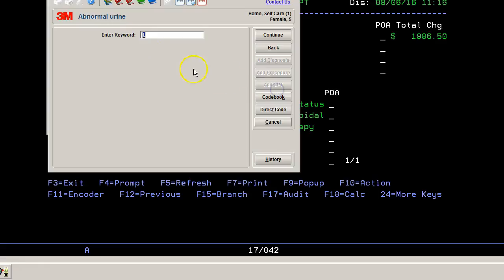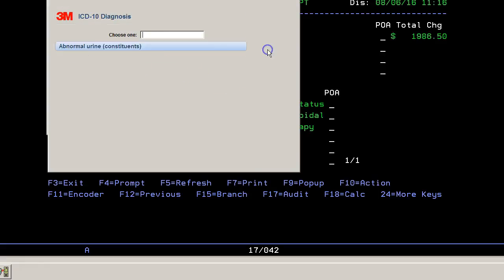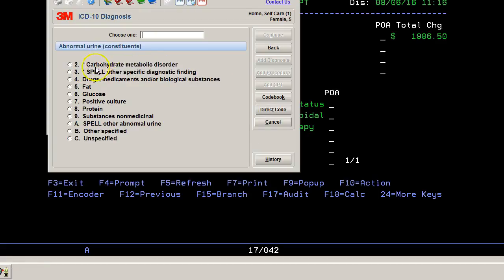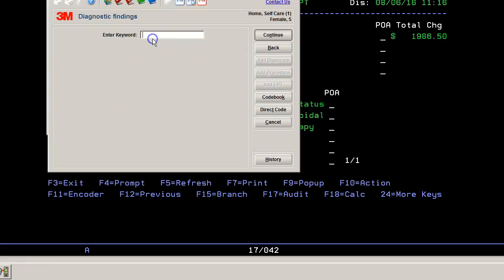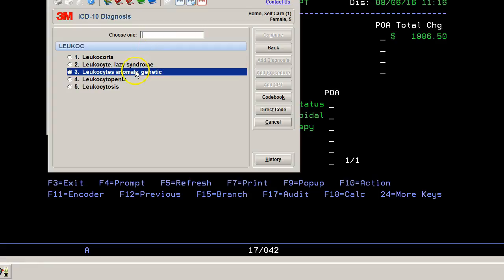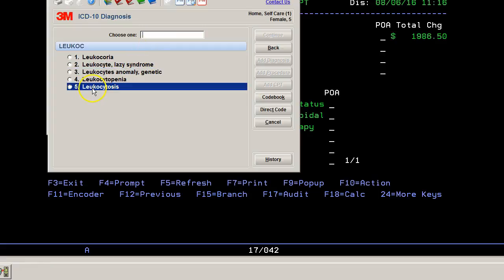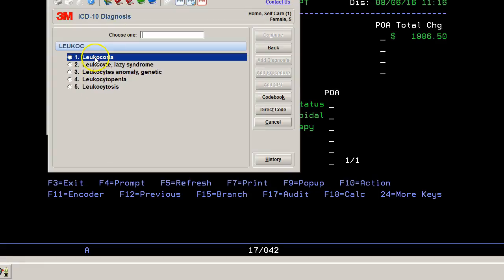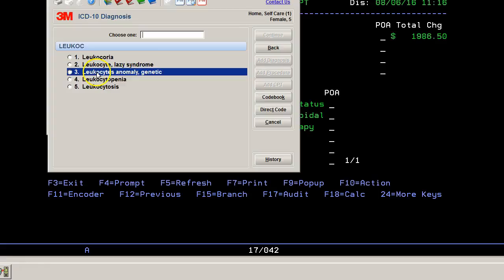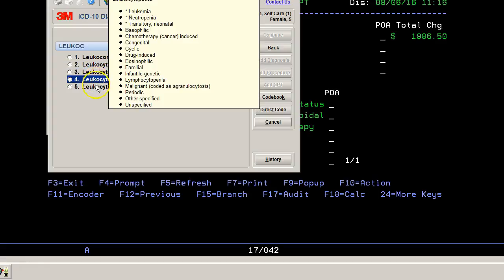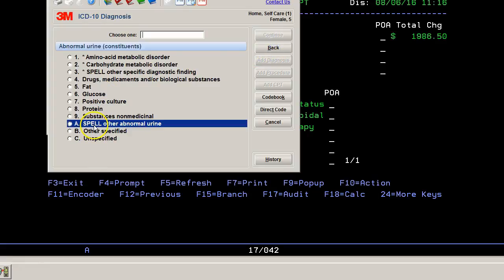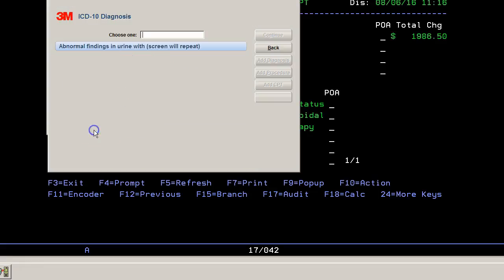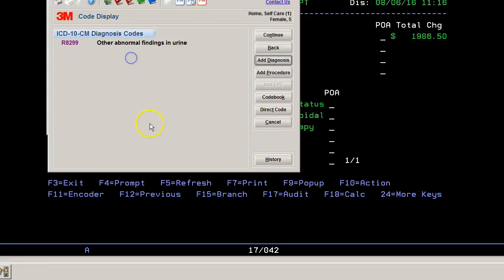So that's not coming up. Electrolytes again. Okay, so what I'm going to do is try one more thing. Okay, leukocytes. Leukocytosis. Nope, that's the wrong thing. Alright, so then I'm just going to go to other specified. Do not wish to code.